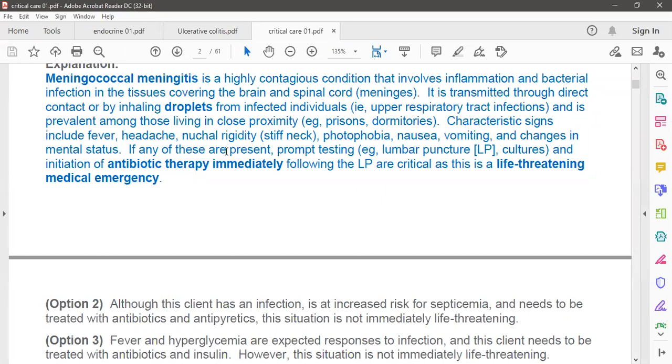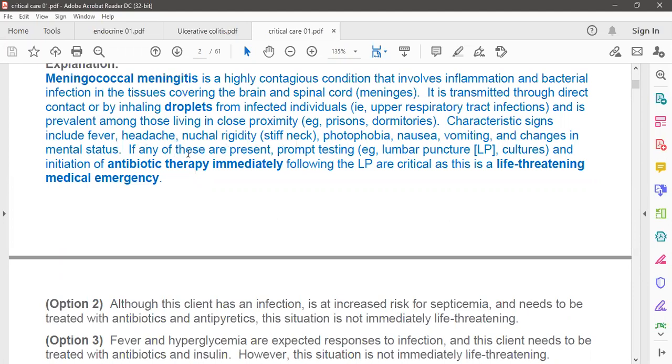The characteristic signs and symptoms are headache, nuchal rigidity or stiff neck, photophobia, where the patient feels discomfort in the sun, nausea, vomiting, and changes in mental status.